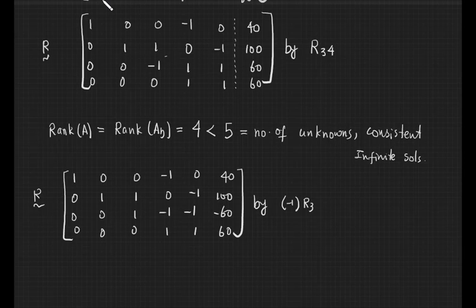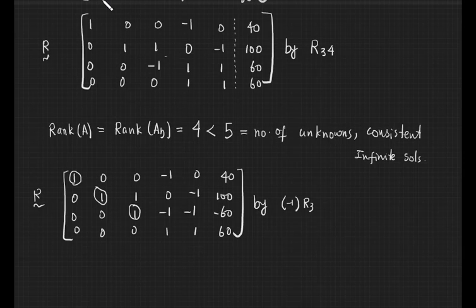Okay, now I will make this 1 into 0 because except the pivot element, all other elements in the column should be 0. So this is the pivot element of the first row, this is the pivot element of the second row, right? So except the pivot element, all other elements are 0. This is the pivot element of the third row and all other elements should be 0.